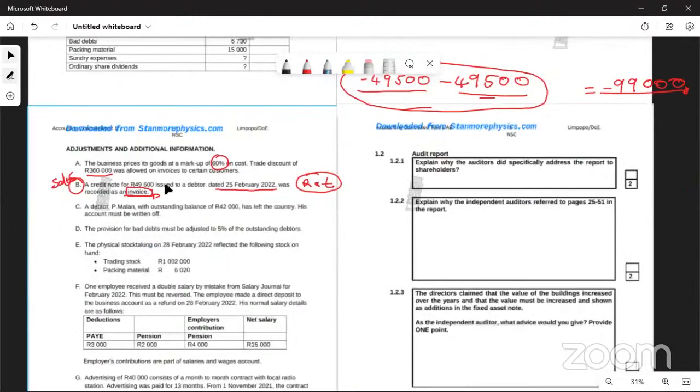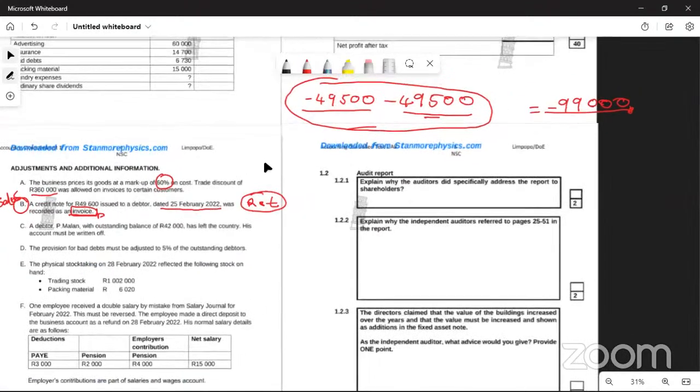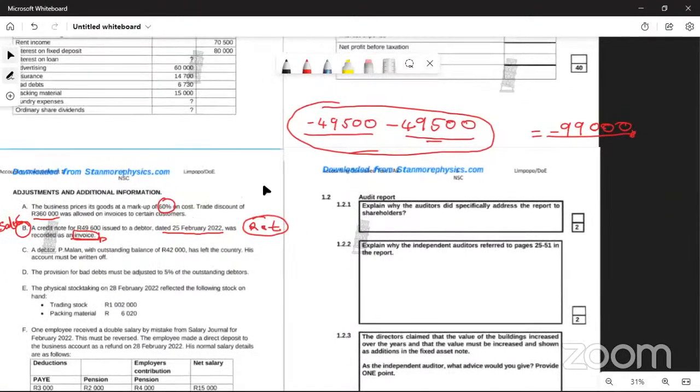And here we are told that there was 360,000, which was a trade discount. Are we together? It was allowed on invoice to certain customers. So a trade discount means people buying products from the business at a lower price because they are our regular customers.